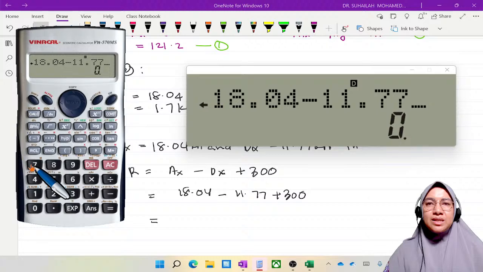This is the restraining force for table number 1, non-sway frame analysis.